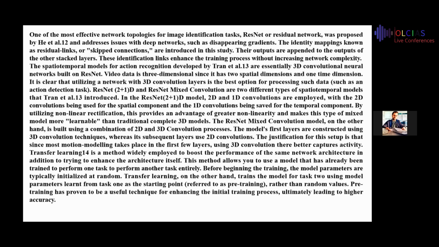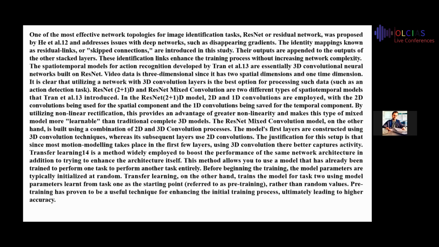Transfer learning is a method widely employed to boost performance, in addition to trying to enhance the architecture itself. So this method allows you to use a model that has already been trained to perform one task to perform another task entirely. Before beginning the training, the model parameters are typically initialized at random.